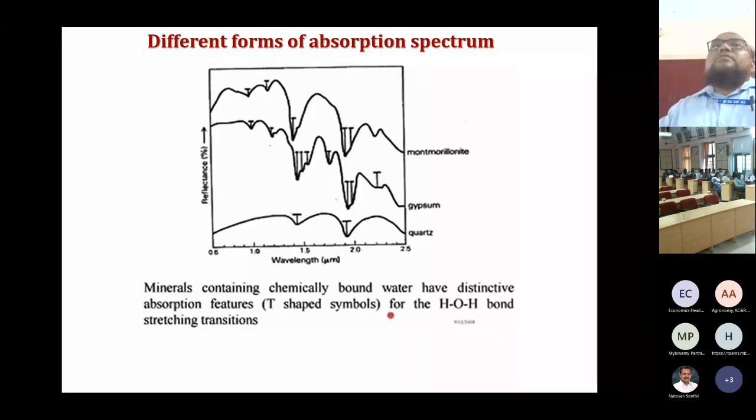So these are called signatures which are unique to these particular minerals. Standard libraries are there, and when we have the spectra measured of these rocks, minerals or soils, and plot against them, if they match, it is very easy for us to identify the mineralogy of the particular materials.